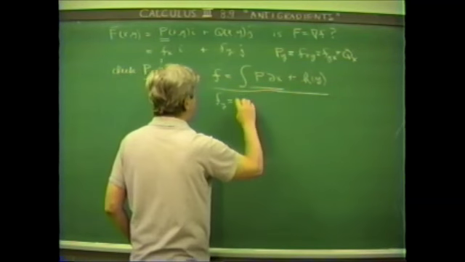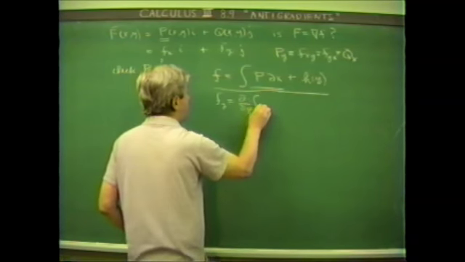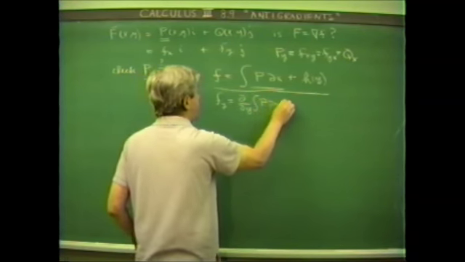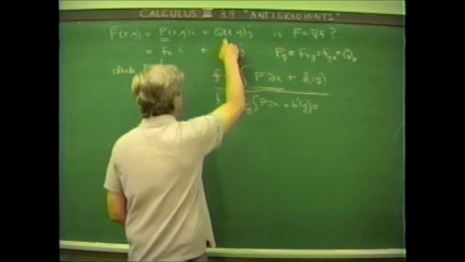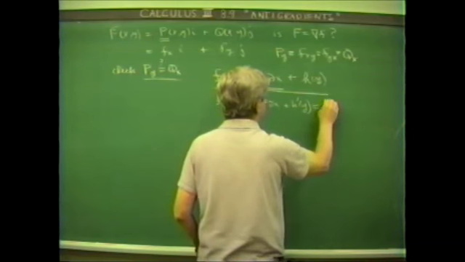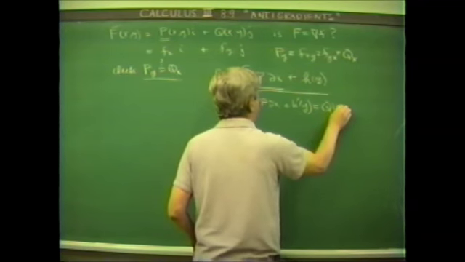This is going to be the partial with respect to y of the antiderivative of p with respect to x, plus h prime of y. This is supposed to equal q, so we set this equal to q of x and y.